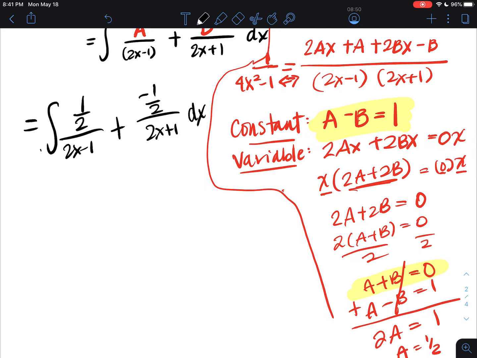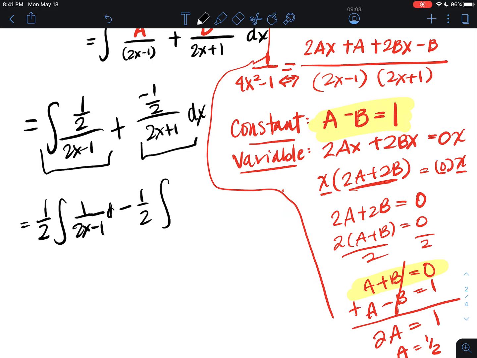I'm actually going to separate each of these into its own integral. So I'm going to take out that half and give it the integral of 1 over 2x minus 1 dx. So I was about to write plus, minus 1/2. Oops, I forgot my dx. The integral of 1 over 2x plus 1 dx.